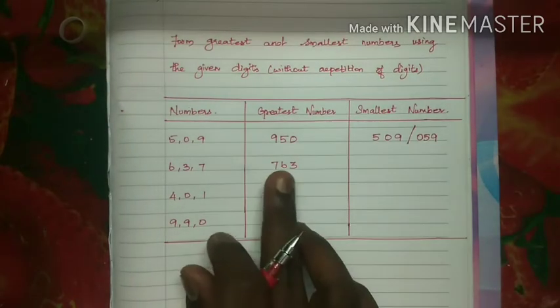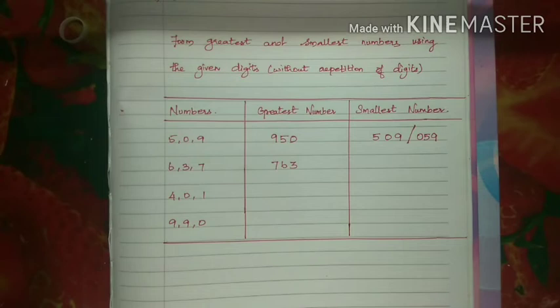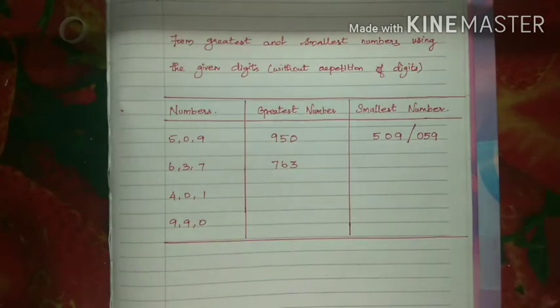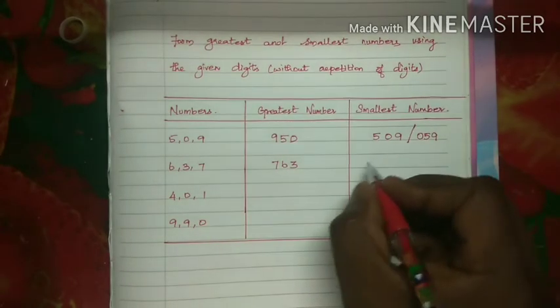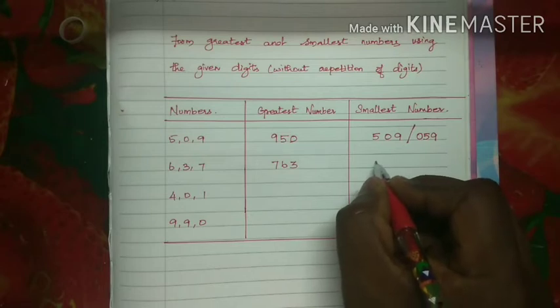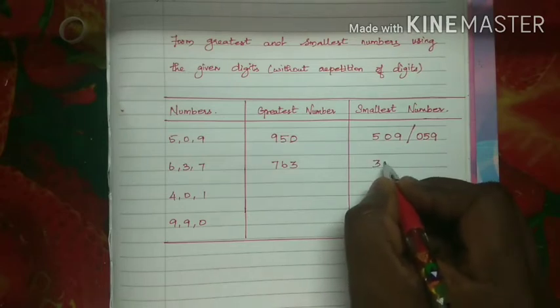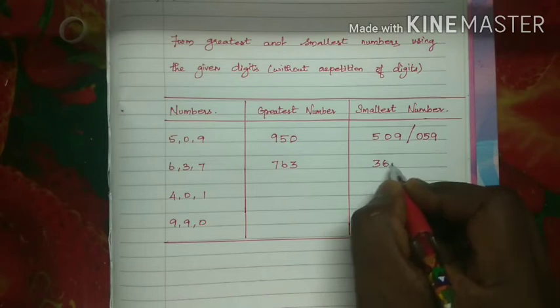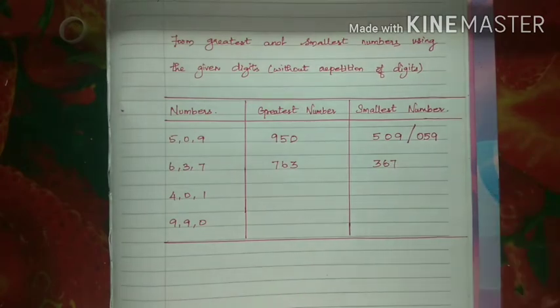So the greatest number is 763. Now the smallest number, which is the smallest number now? 3. Next 6. Next 7. 367 is the smallest number and 763 is the greatest number.